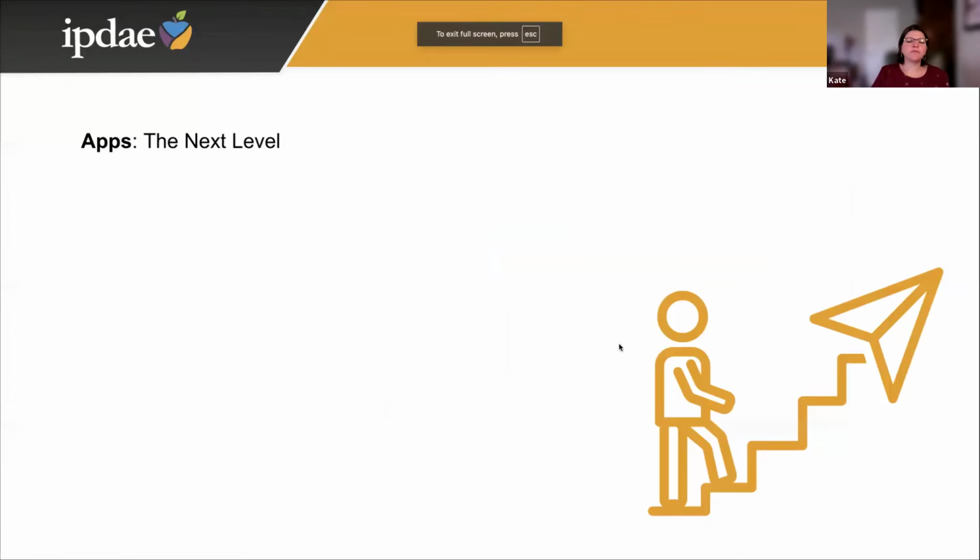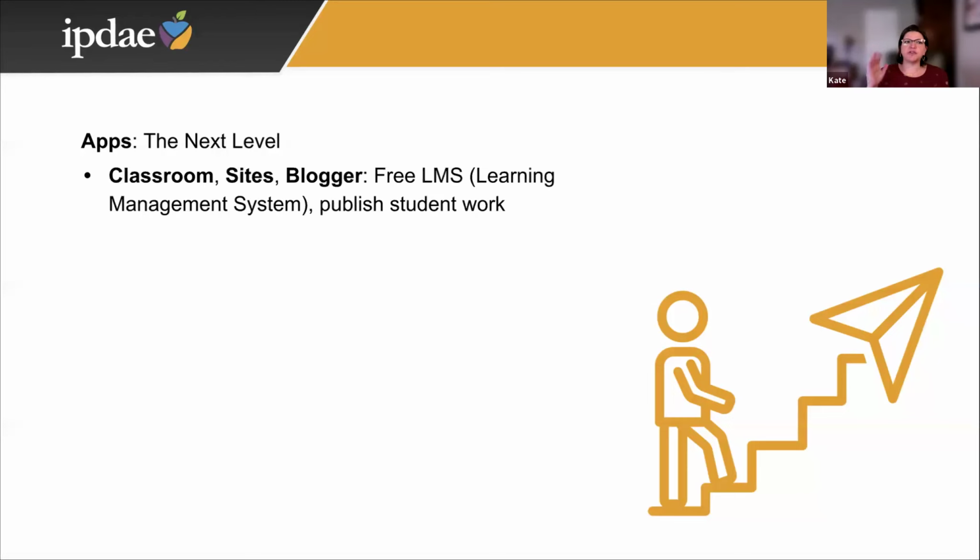Okay, lovely. We talked about the most basic Google apps, but there's so many more. So another great one, if you don't know about it, you can use Classroom, Sites, or Blogger as an LMS. Remember, I told you, if you're going to have a class that has universal design for learning, you have got to have everything stored in a digital format.